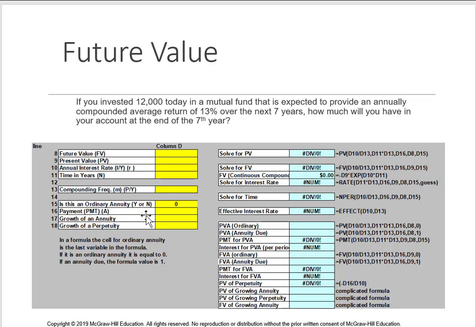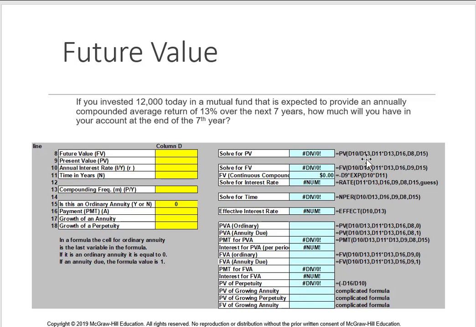If you create these boxes, if you will, in these cells, the yellow boxes are all going to be under column D, and the first piece of data you're going to have, future value, is going to be on line 8. So again, if you enter these boxes in 8 through 18, and everything here in column D, this is obviously column C.